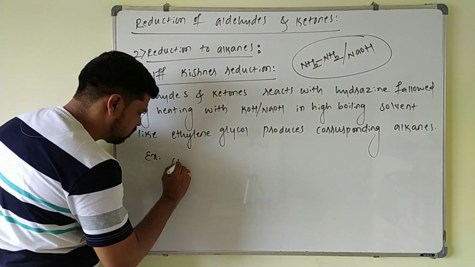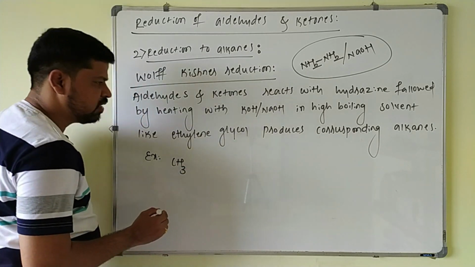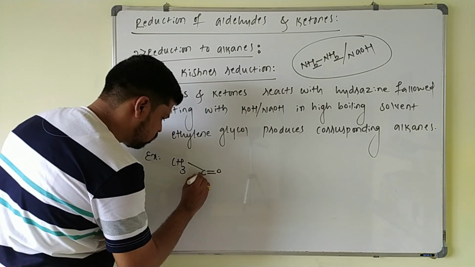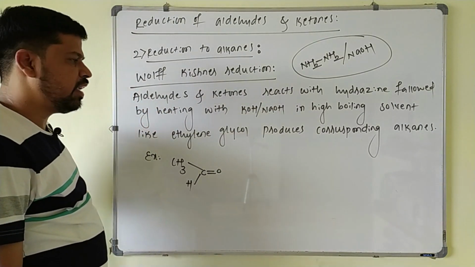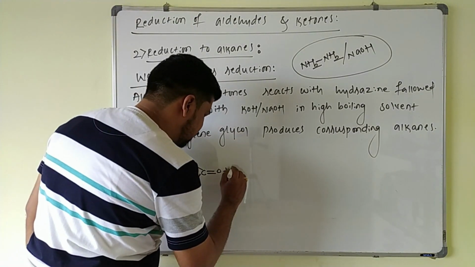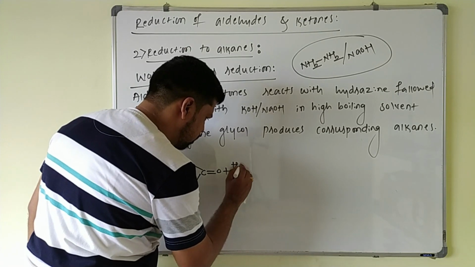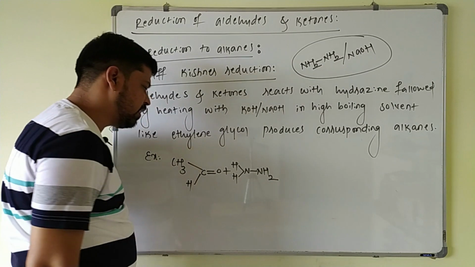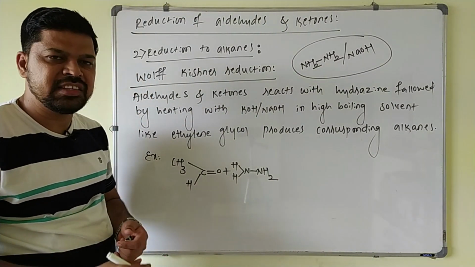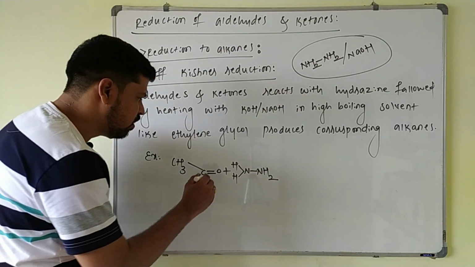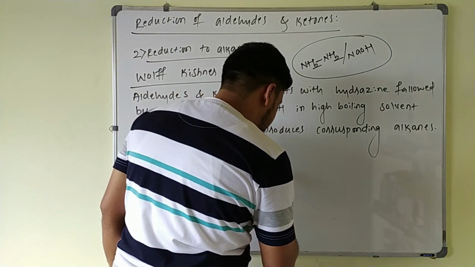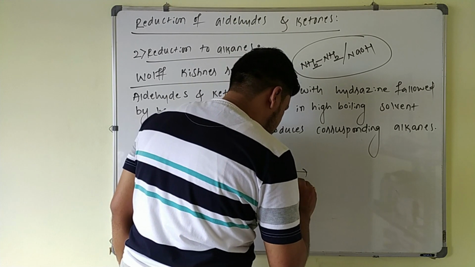First example we will write, that is CH3, C double bond O H. This aldehyde on treating with hydrazine, NH2NH2. Already we know that reaction of this hydrazine with aldehydes and ketones, they will form what? Hydrazone. So just you remove this water molecule, what you will get? First it will form a hydrazone.